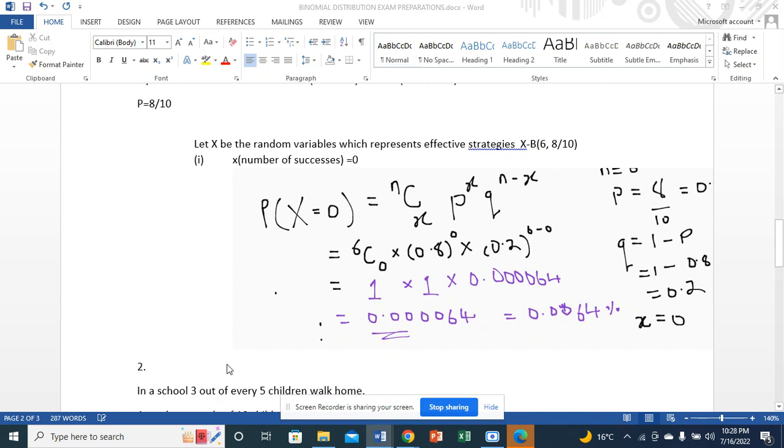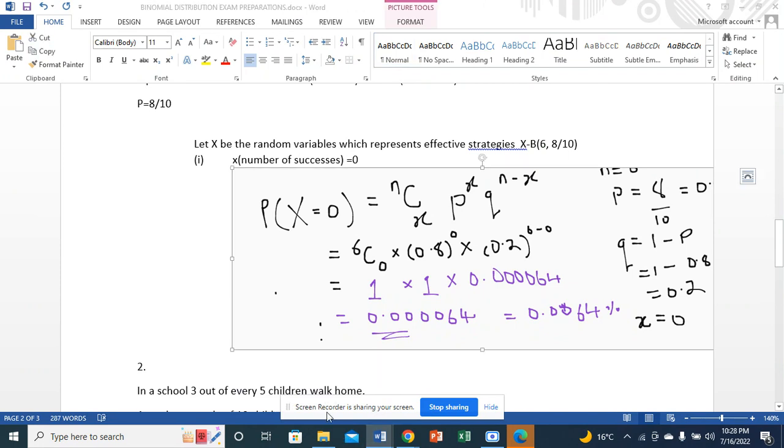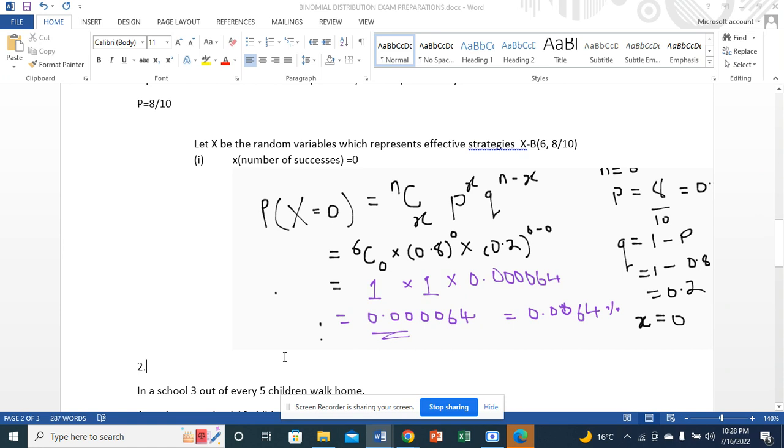We've got 6 marketing strategies, so half of 6 is 3. We're trying to find the probability that more than half are effective. So it's P(x greater than 3).